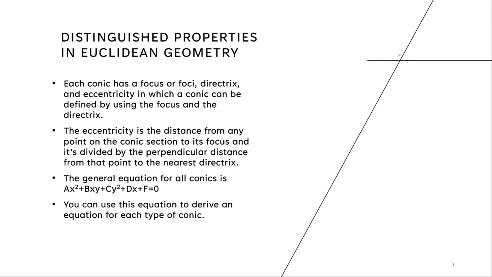The eccentricity is the distance from any point on the conic section to its focus, divided by the perpendicular distance from that point to the nearest directrix. And we are going to see a visual on how eccentricity actually works.